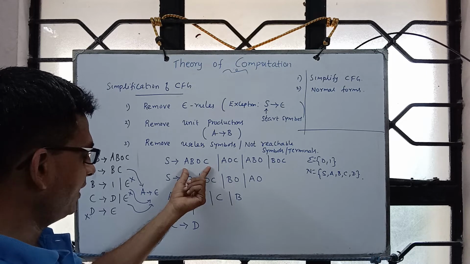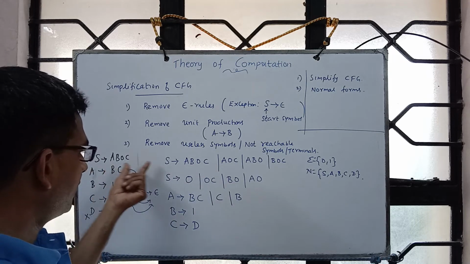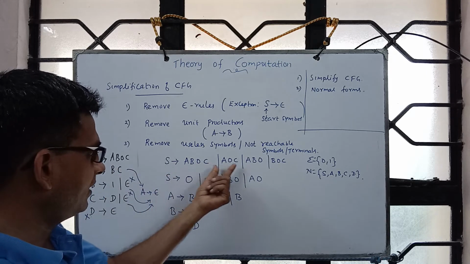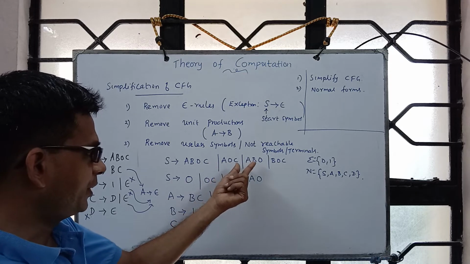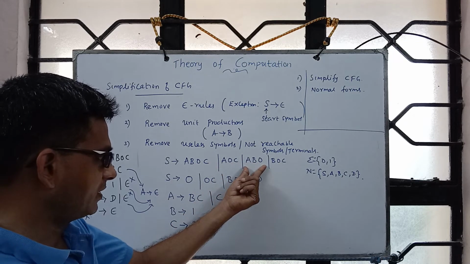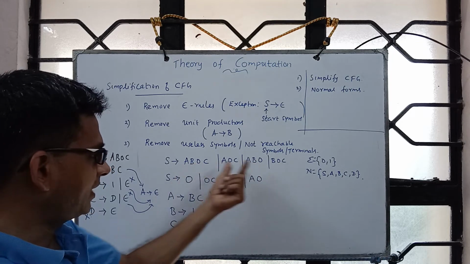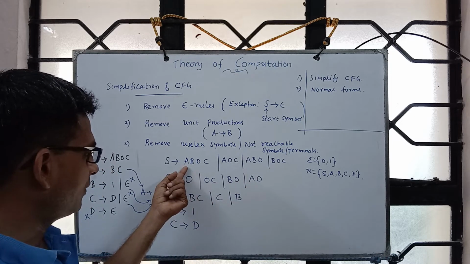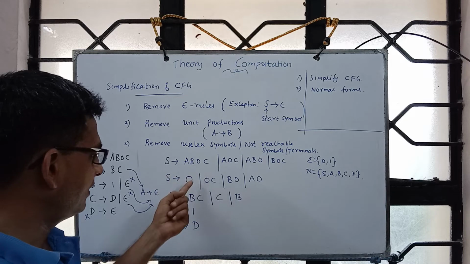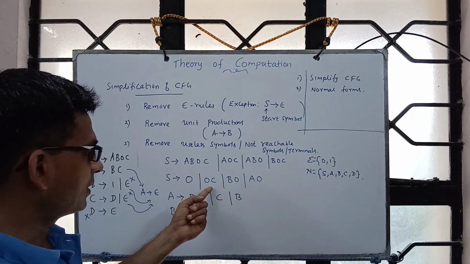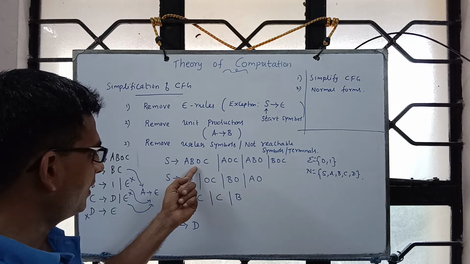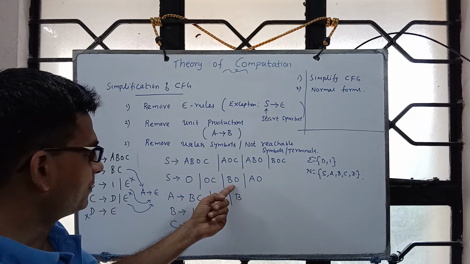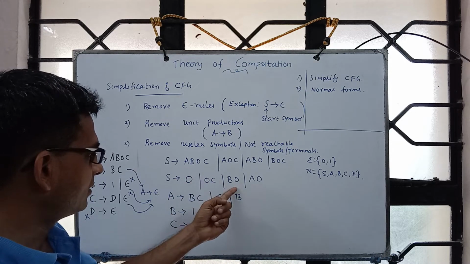And AB0C is as it is. If you substitute B → epsilon, then we get this. If you substitute C → epsilon, then we get this. If you substitute A → epsilon, then we get this. And if you substitute epsilon for A, B and C, then we get this. If you substitute for two of them, A, B, then we get this. Substitute for AC, we get this.